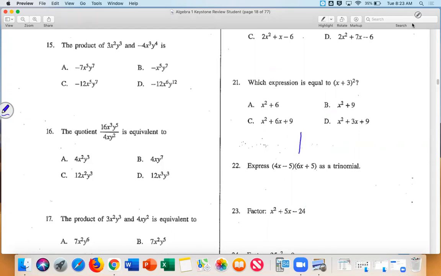So here, when I have X plus 3 times X plus 3, we're going to have 3 times 3, that's 9, so I can already eliminate A. X times X is X squared. Then I have 3X and 3X. Notice I'm adding these 2 to get me to C.